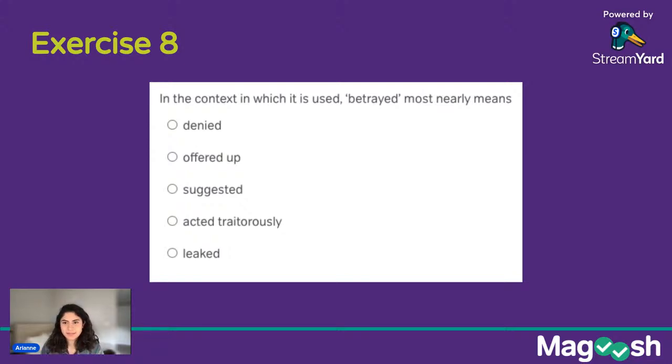Yes, so basically, okay, remember, I said, let's rewind, and everything that I said after leaked was not accurate, because at the end we want to make sure that the answer choice that we choose has to be a textbook definition of betrayed. And that is specifically why leaked is not the correct answer choice here. So suggested is our only standing option, and that will be our correct and final answer.